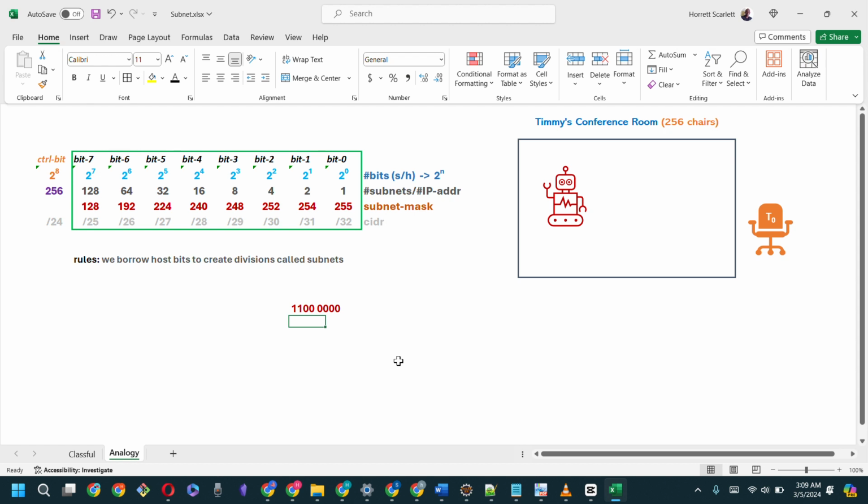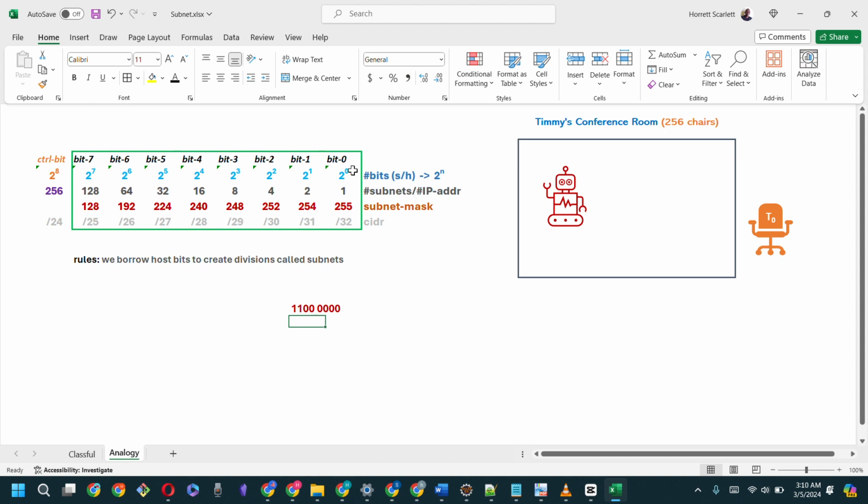We know it starts with 110, which means that it fits into the class C pattern. So what is that 110 going to be equated to? Remember, this is an 8-bit pattern, and it therefore means that everything else is going to be set to 0. So we have turned on the first 2 bits out of the 8 bits.